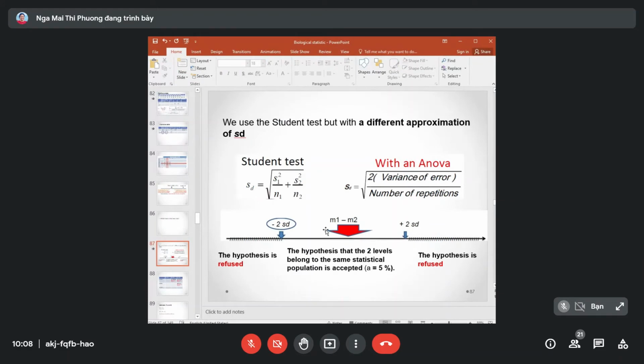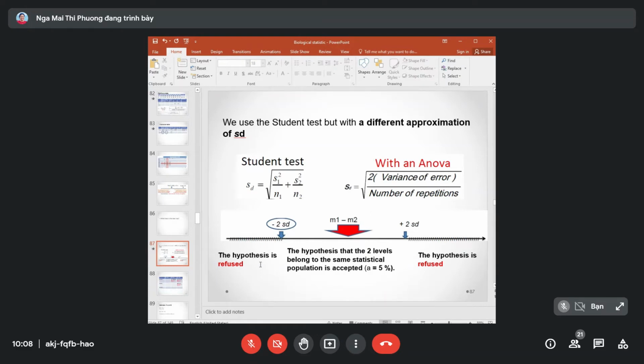Calculate the difference of means between each two groups. So we have mean A minus mean B, mean A minus mean C, and mean B minus mean C. So we have three different means.